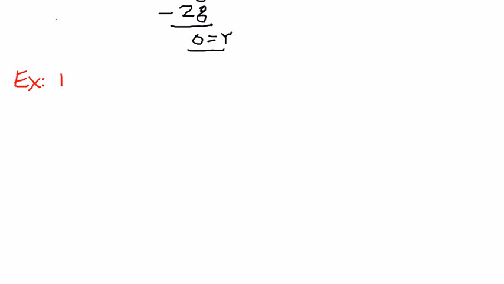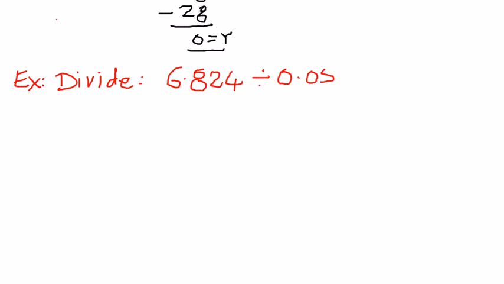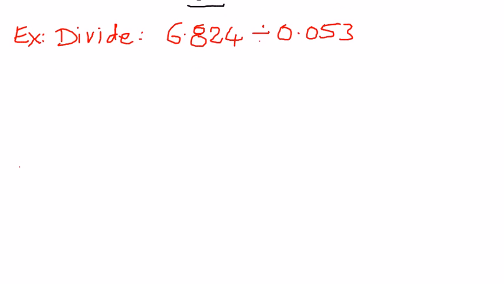Let's say we want to divide 6.824 by 0.053. Okay, so that is what we have. Now let us follow these steps to find the solution.